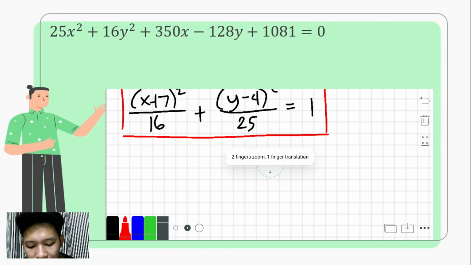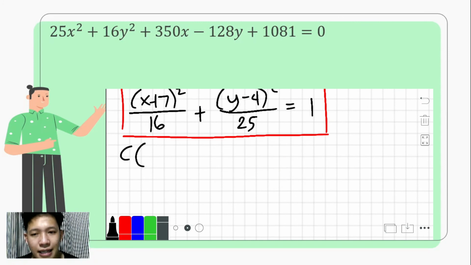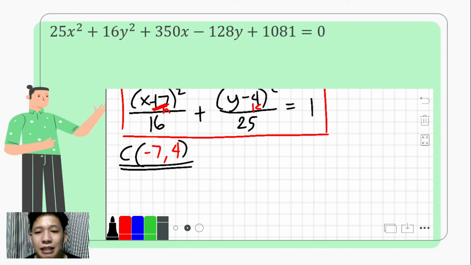Wherein our center is at what? Our center is at, since this is positive 7, this is our h and this is our k. Since this is positive 7, that is actually the negative of negative 7. So the center is at negative 7, comma, this is positive 4. So our center is at negative 7, comma, 4.